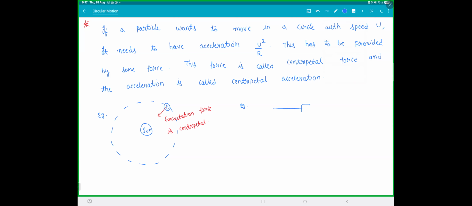Suppose you have a block of mass m, and it is going in a circle. Who is providing the centripetal force? The tension in the string. So tension is the centripetal force. Whoever provides you the force required to make you go in a circle is called the centripetal force.